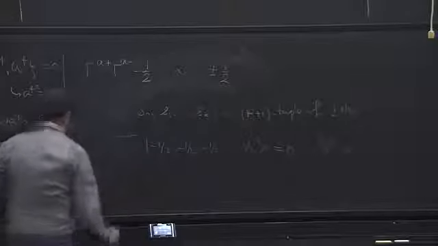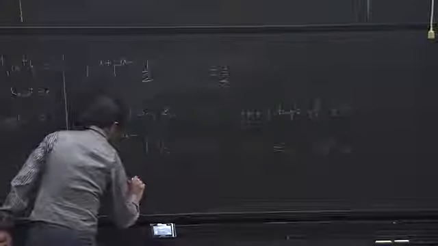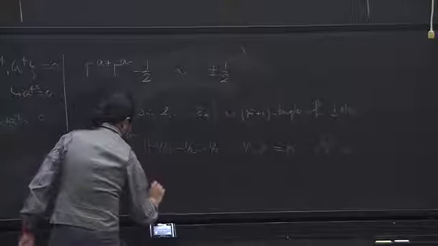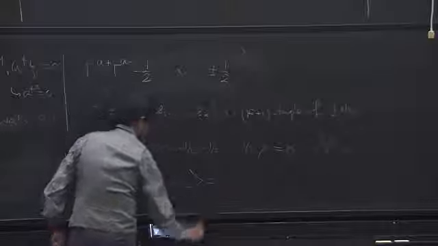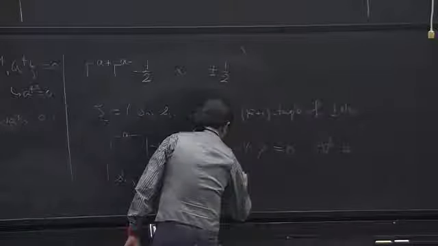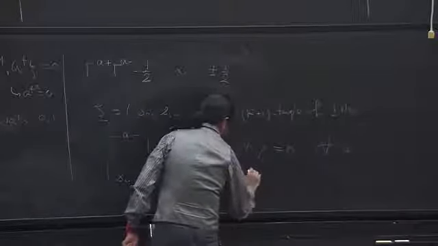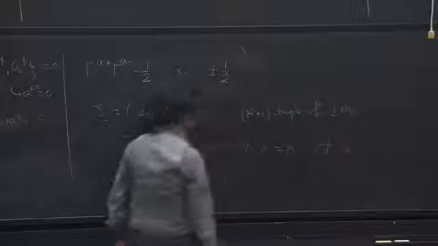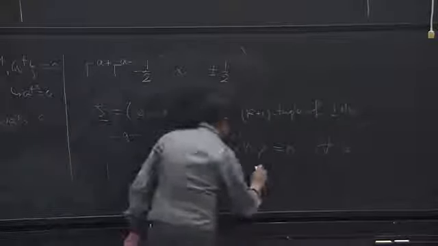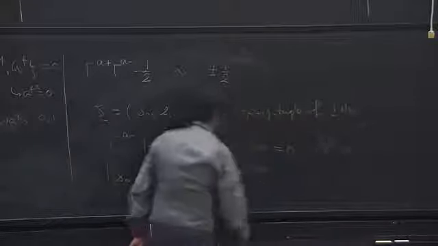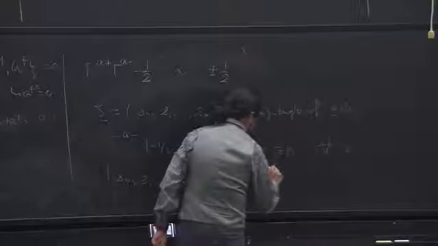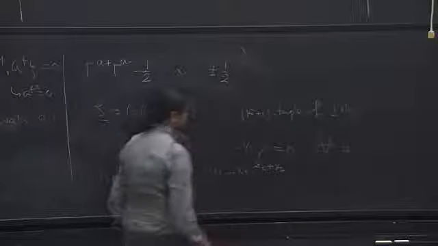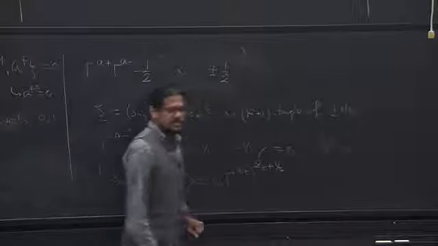Then any arbitrary state will be labeled by the k plus 1 set of integers. It will either have the creation operator acting on it or not. If it does act on it, then the value of sk would be half. If it doesn't act on it, the value of sk would be minus half.